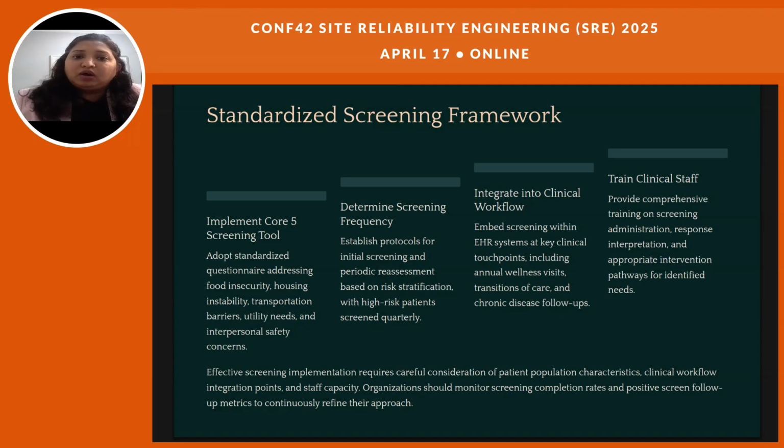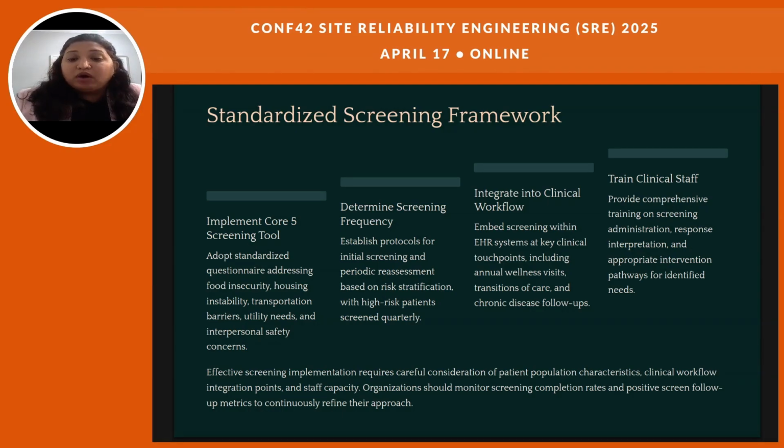Let's look into how we can standardize the screening framework. There are several steps to it. Effective screening implementation requires careful consideration of patient or population characteristics, clinical workflow integration points, and staff capacity.